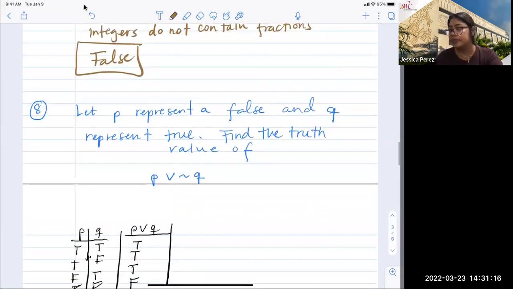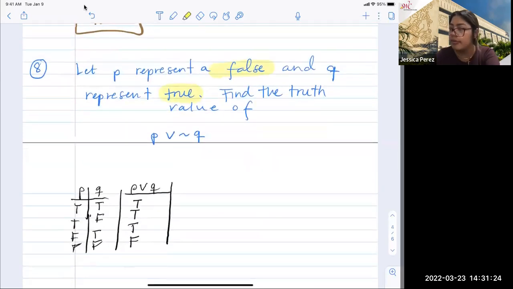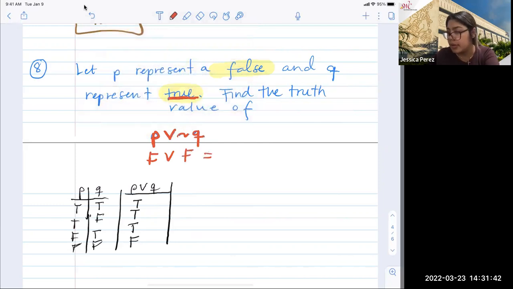Number 8, let P represent a false statement and Q represent a true statement. Find the truth value of P or not Q. So we know that Q is true, and not Q, so we need to negate the true. So F or F, let's see.